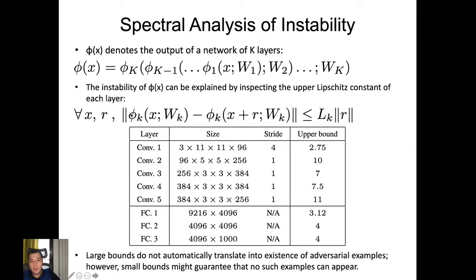So if you look at the average difference between the activation of each layer, given the examples X and the modified examples, the norm of the difference should be smaller than this Lipschitz constant, which is multiplied with the magnitude of the change.